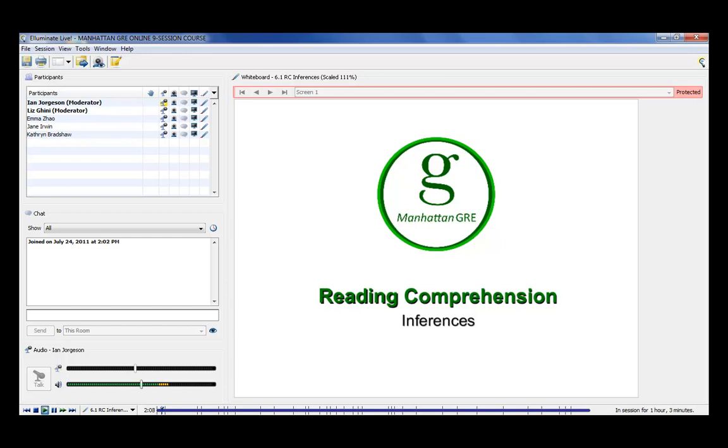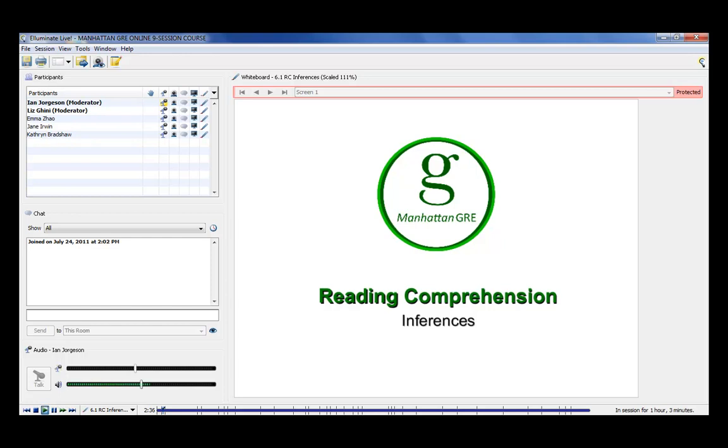So where we are with reading comp is we're about to see inference questions. Rather than talk a whole lot about what this means, I want to give you guys a chance to work a problem and see what you come up with. The problem is based on one of those really short passages that we saw briefly last week at the end, where you only have about 3 or 4 sentences total.